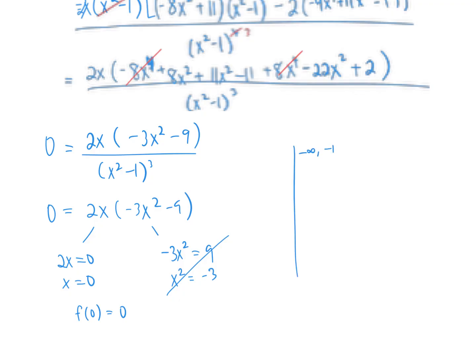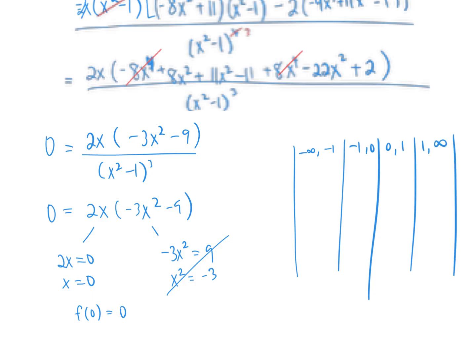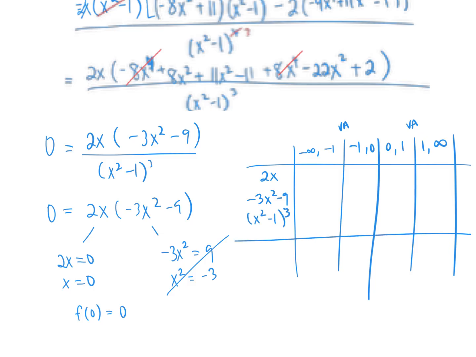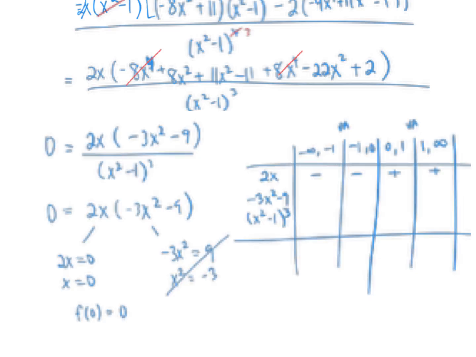So negative infinity to negative 1, negative 1 to 0, 0 to 1, and 1 to infinity. And these are the vertical asymptotes here. And I'm going to test into 2x, negative 3x squared minus 9, x squared minus 1 cubed, and then overall. So if I test negative 2, this is negative, negative 0.5, this is negative, 0.5, this is positive, and positive.